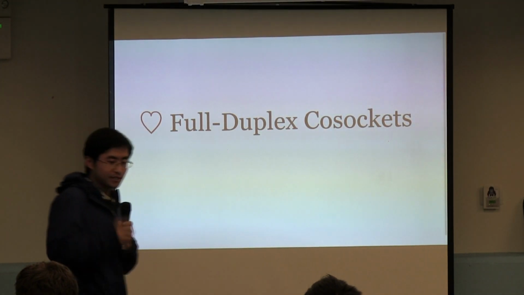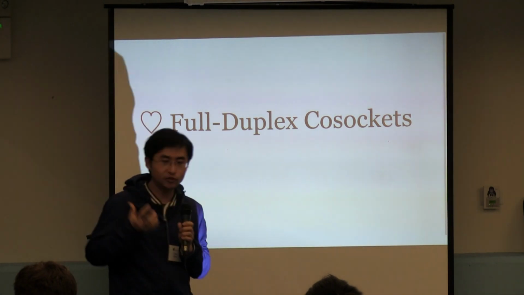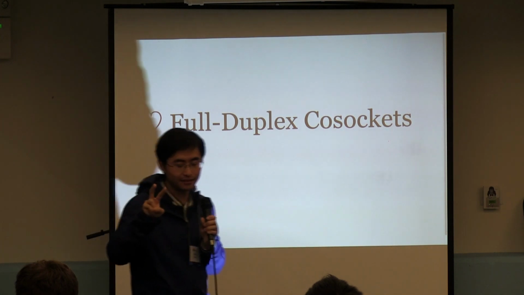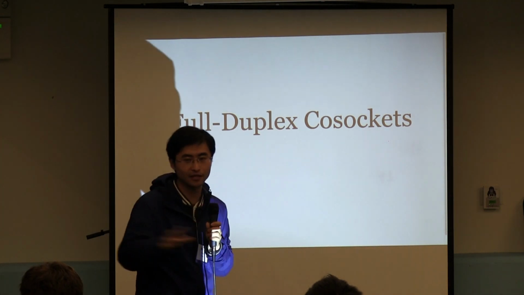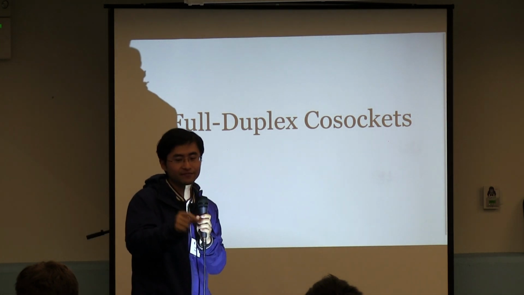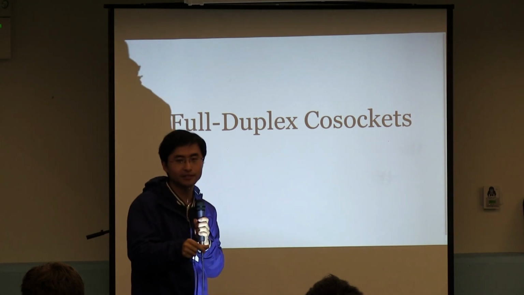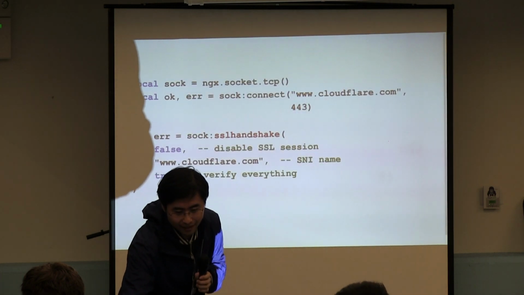I also implemented an abstraction of coroutine-based sockets, and it's full duplex, which means that we have two light threads automatically, concurrently operating on the same cosocket without conflicts and without locking. As long as one thread is reading from the cosocket and the other thread is writing to the same cosocket object. So it's full duplex.